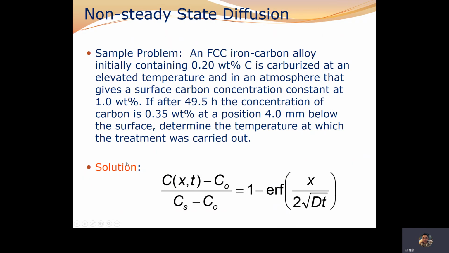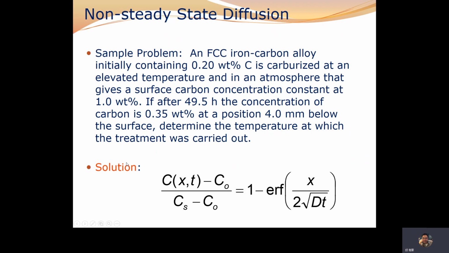Let's skip this. Let me give you an example: an FCC iron-carbon alloy initially containing 0.2 weight percent carbon is carburized at an elevated temperature in an atmosphere that gives a constant surface carbon concentration of 1 weight percent. If after 49.5 hours the carbon concentration is 0.35 weight percent at a position 4 millimeters below the surface, determine the temperature of the treatment.